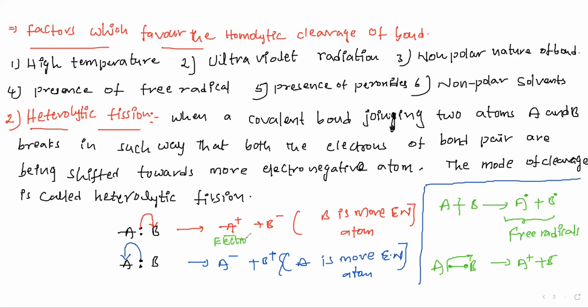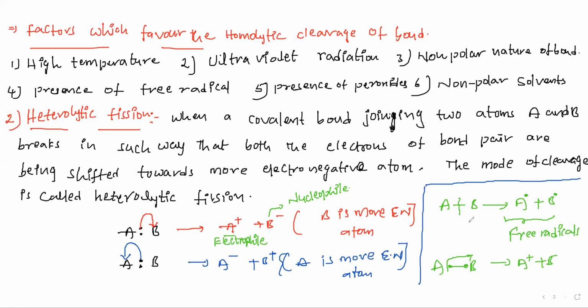Why? Because it has a plus charge. And B we can call a nucleophile. If it has fewer electrons than normal, that will be an electrophile. If it has more electrons than normal, that is a nucleophile.